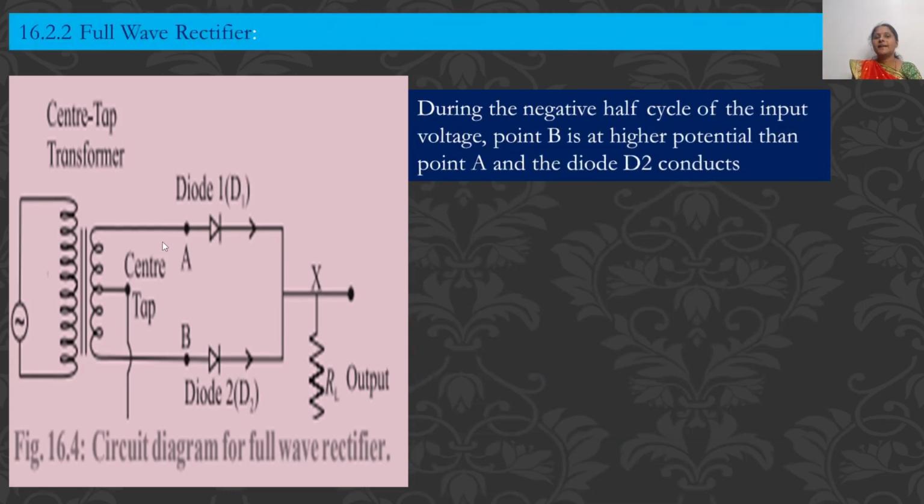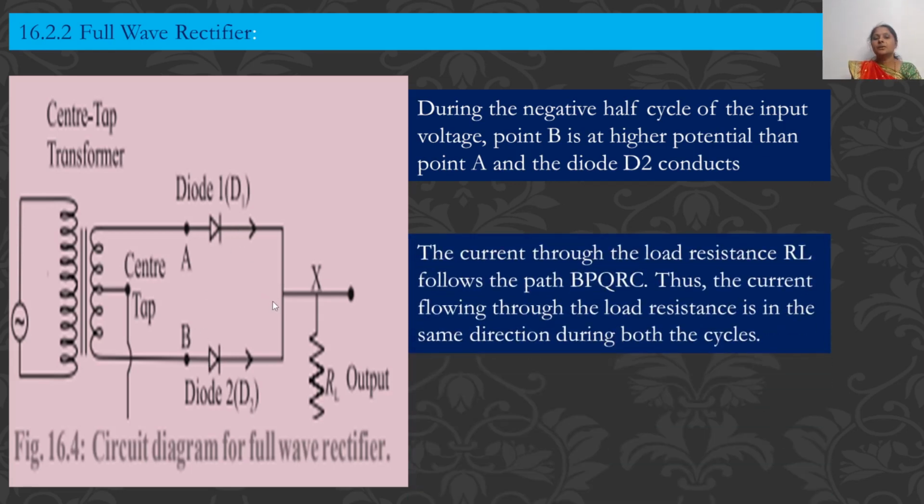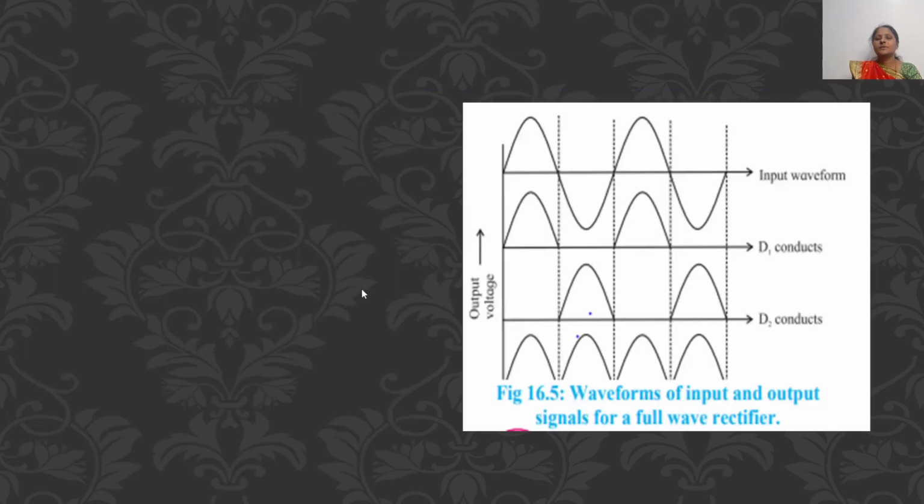During the negative half cycle of the input voltage, B is at a higher potential than A. The diode D2 conducts. The current through the load RL follows the path B, P, Q, R, C. Thus, the current flows through the load resistance in the same direction during both cycles.